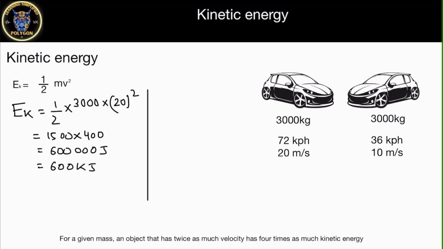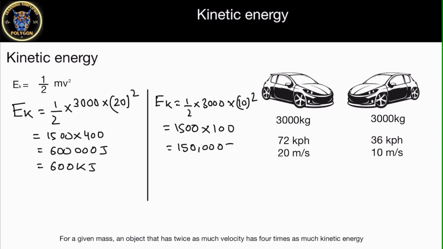Now let's calculate the kinetic energy for the second car. So KE equals 1/2 times 3,000 times 10 squared, which is 1,500 times 100, or that is 150,000 joules, which is 150 kilojoules.